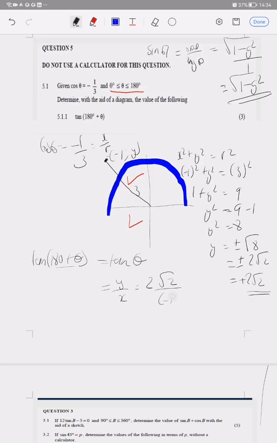It is negative 1. So my solution is going to be negative 2 root 2. That's the solution that I got for this one.